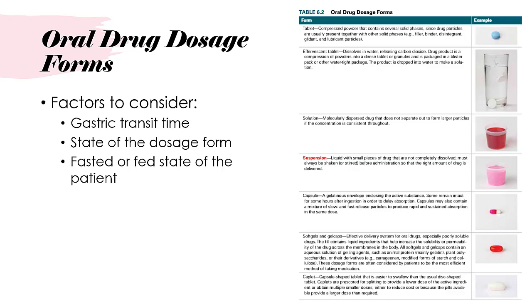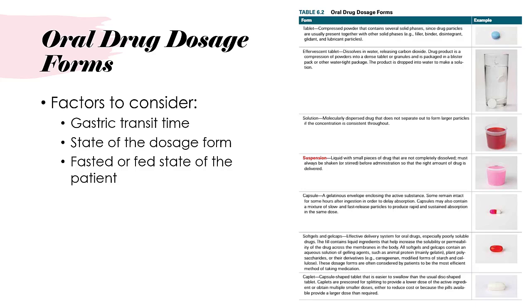Oral drug dosage forms. When prescribers select an oral route of administration, several factors must be considered that specifically relate to the transit time in the GI tract, which may vary considerably between patients and within an individual patient, with gastric transit time being the most variable.